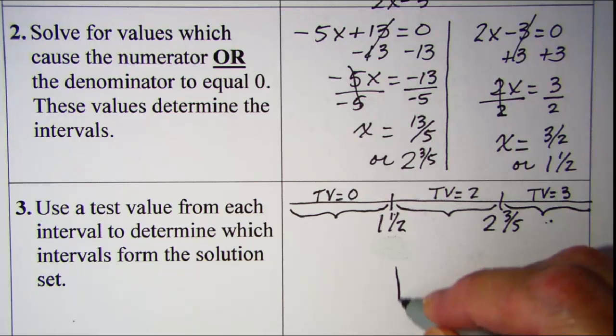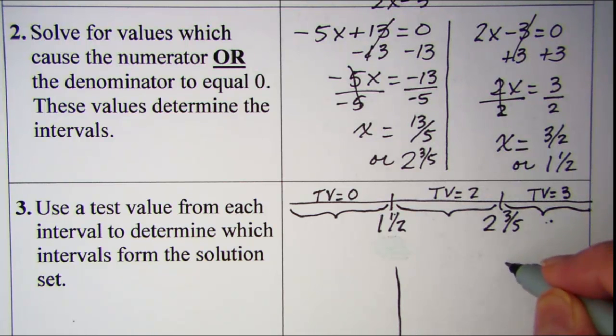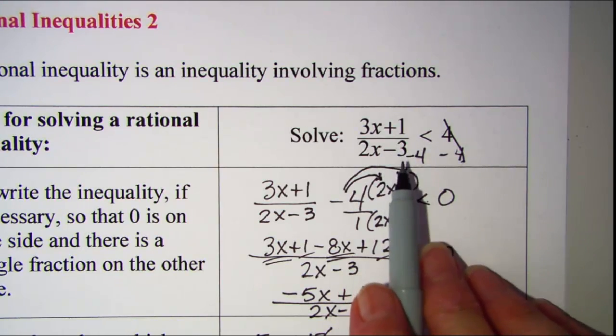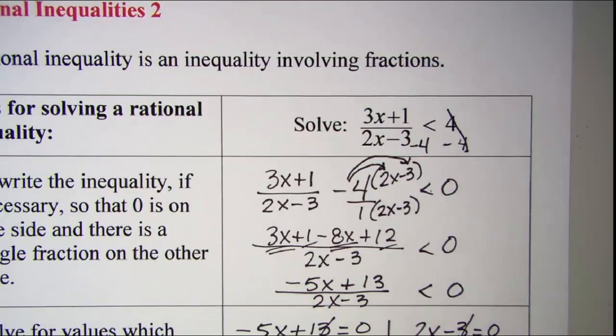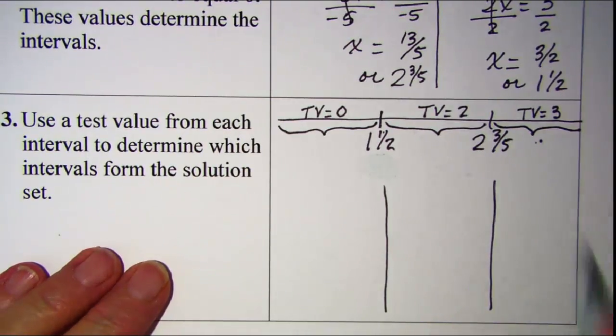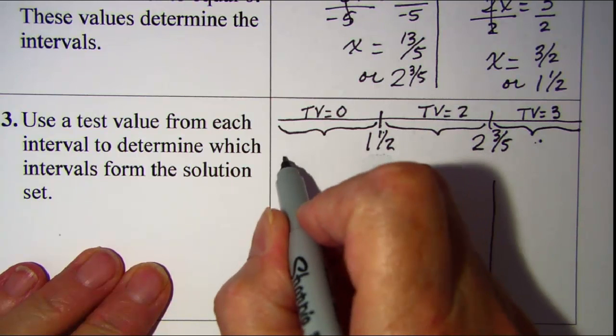Alright, so let me test my 0 in this interval. My original inequality, (3x + 1)/(2x - 3) is less than 4. I'll write this here so I don't have to keep moving my paper.